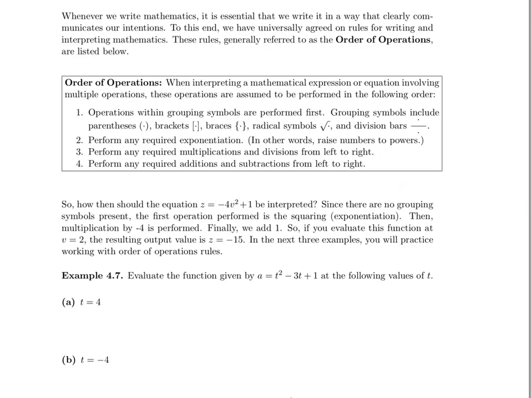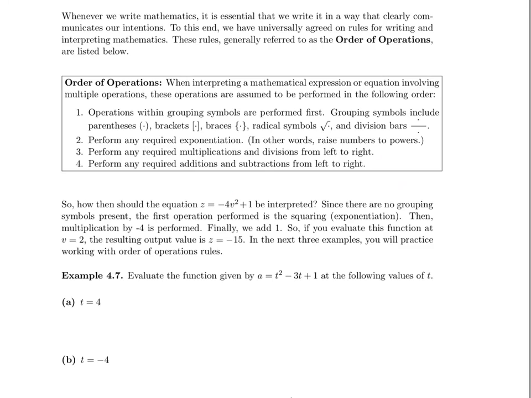Whenever we write mathematics, it's essential that we write it in a way that clearly communicates our intentions. To this end, we've universally agreed on rules for writing and interpreting mathematics, so that when multiple people are all looking at the same equation, everyone will interpret the equation in exactly the same way.